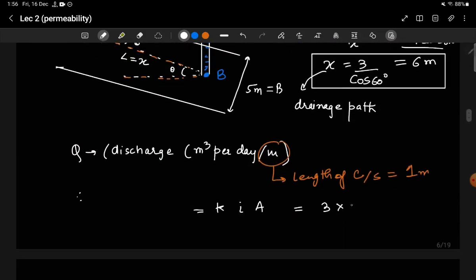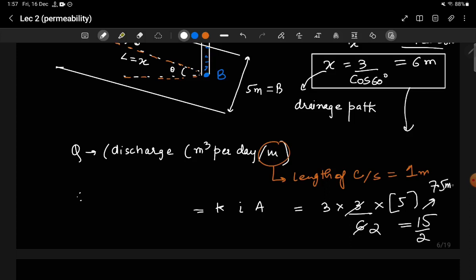I would be H by L, that would be 3 by the drainage path. Drainage path is what? 6 meters. And the area is B into 1, that is your width. So 3 by 2, 15 by 2, the answer comes out to be 7.5 meter cube per day per meter.